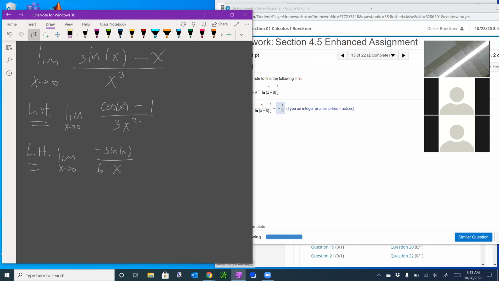And now we can do it again. Or we could recognize that we know what sine of x over x looks like. That goes to 1, right? But L'Hopital's rule works still.